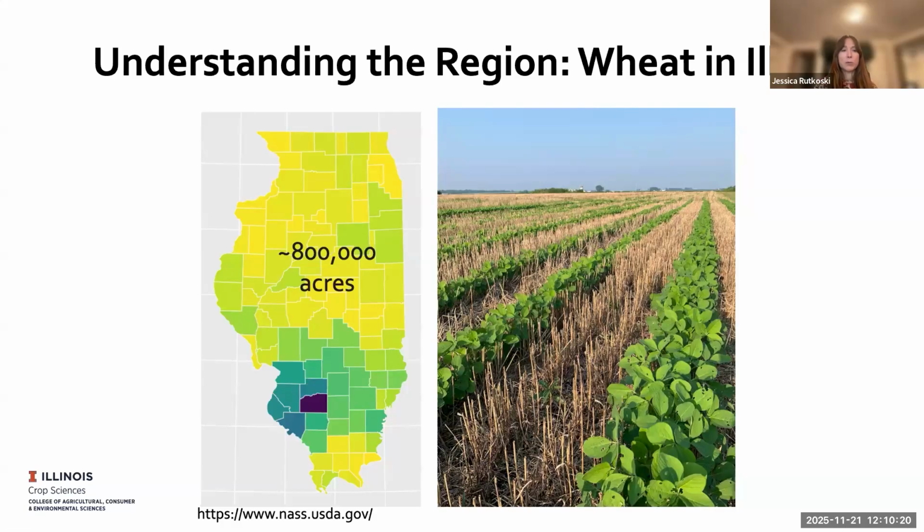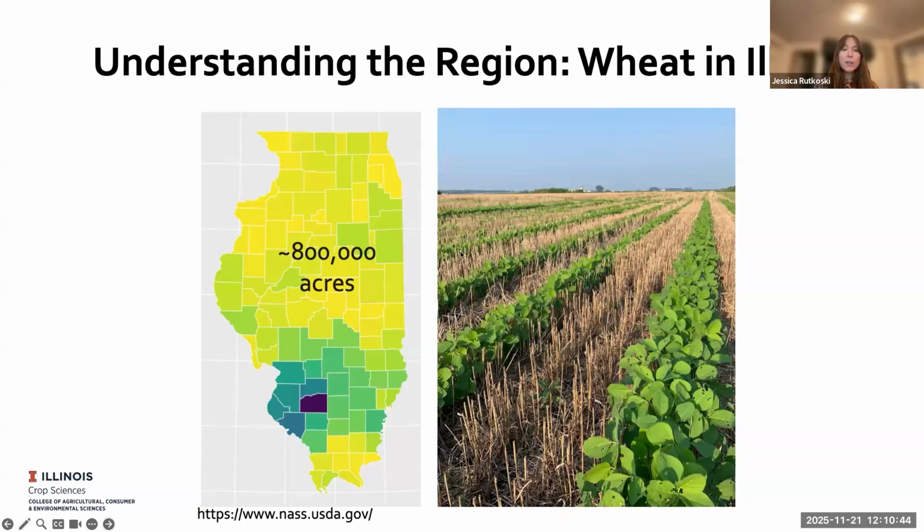and help control soil erosion. So you don't see too much wheat in the northern part of the state because you can't successfully double crop that easily. Another factor is the soil is very fertile and you get really high corn yields, so it's really hard to compete with corn production.